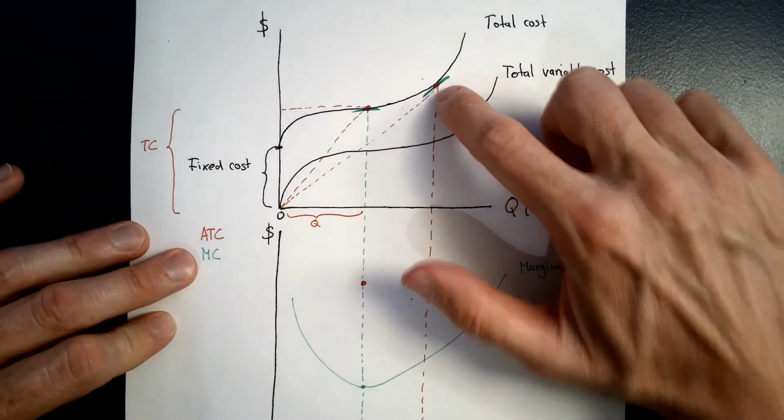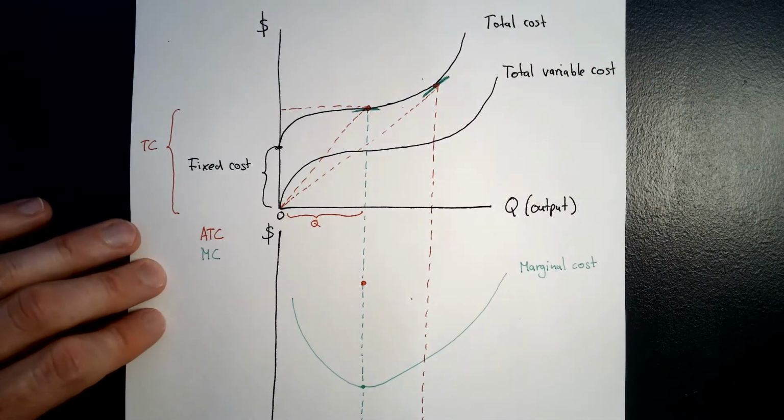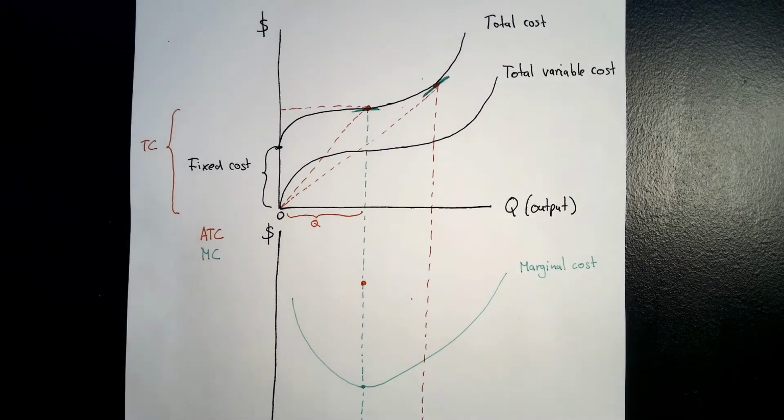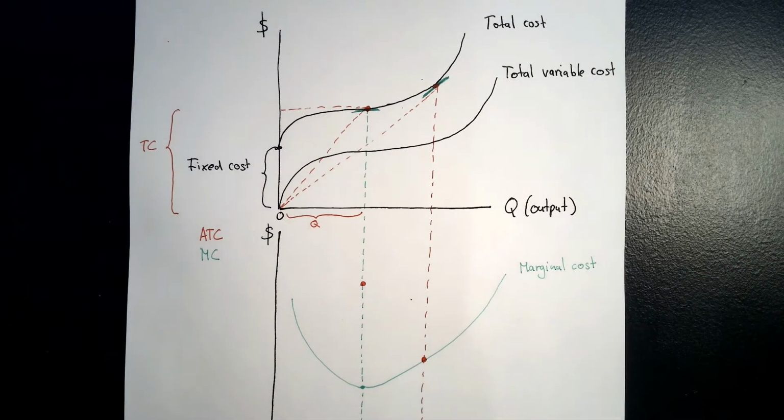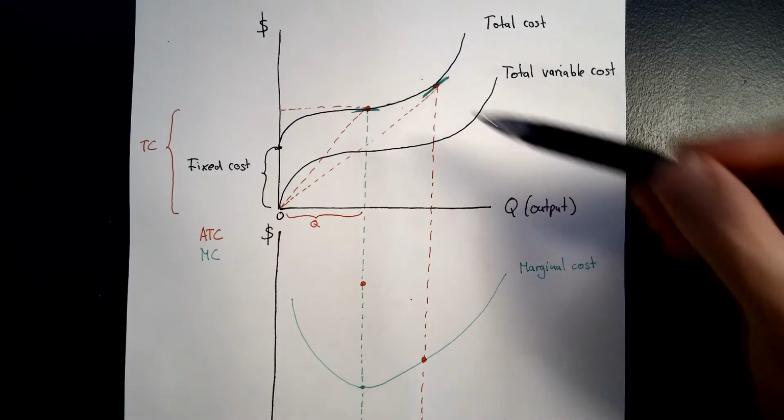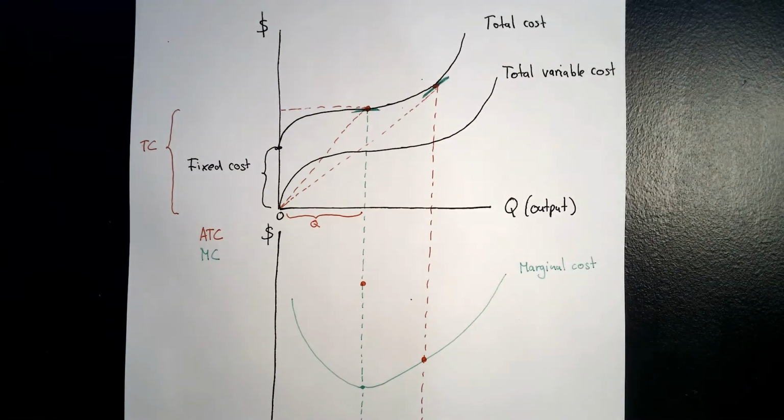So at this point, the marginal cost and the average total cost are identical. That is the first observation. The second observation is that the average total cost at this point is also minimized. So here, the average total cost is smallest.